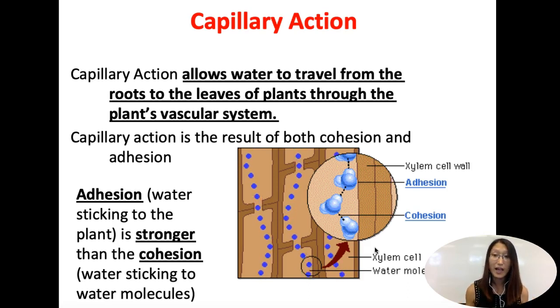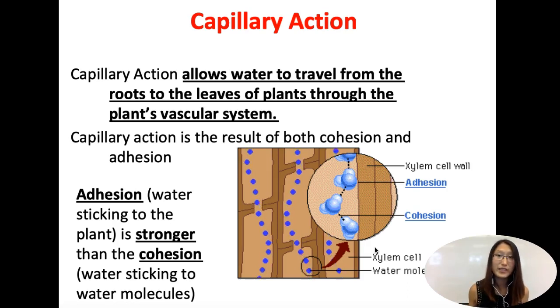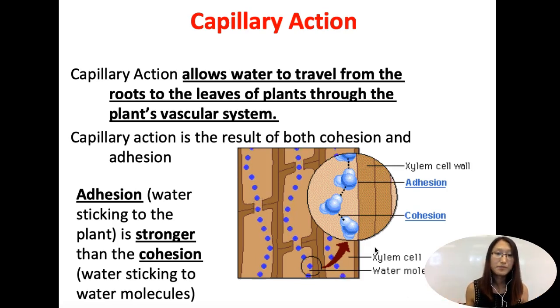And this is what allows really tall trees to live, or any tall trees, or even bushes to live, because in order for those trees and bushes to live, they have to have water going all throughout the plant. And the water has to be able to travel against gravity. This water traveling through these small thin tubes within the vascular system of a plant is called capillary action.